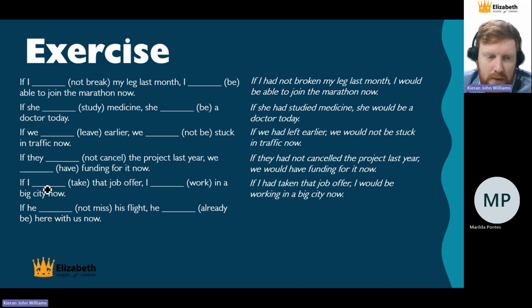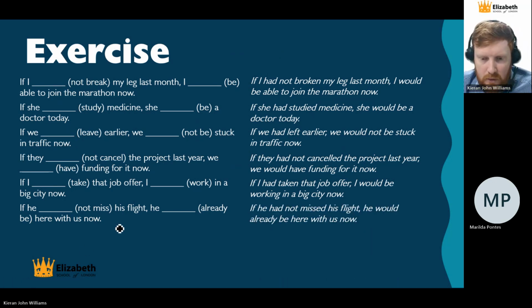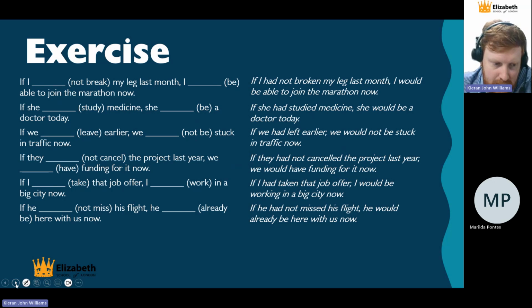So if he had not missed his flight, he would already be here with us now. Okay, all right. So that shows that we can make this type B mixed conditional sentence correctly.